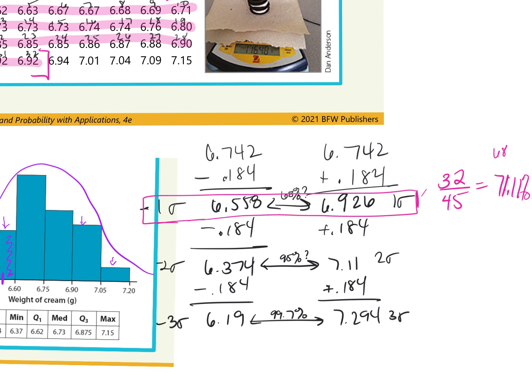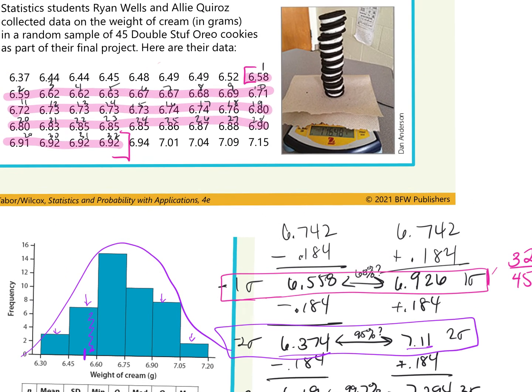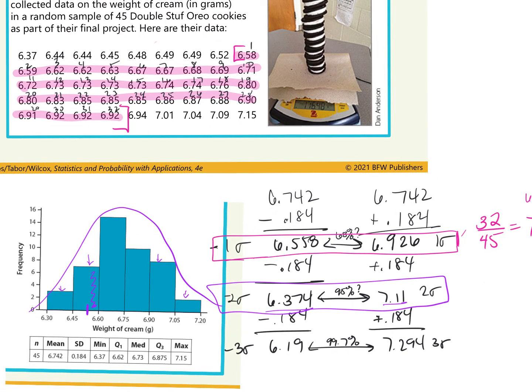Our next set is 2 standard deviations from the mean. So I'm going to include anything that is greater than 6.374 and less than 7.11. I'm going to do these in purple. So it's 6.374, so that doesn't include the 6.37 because that is 6.370.